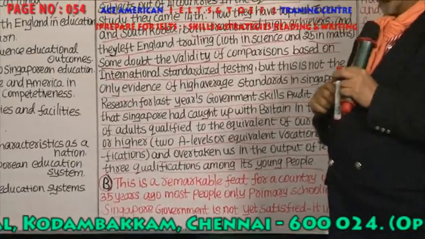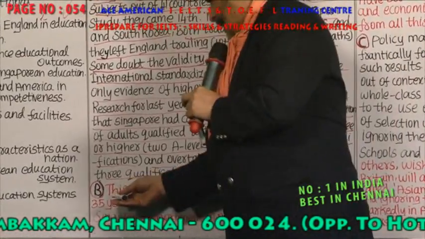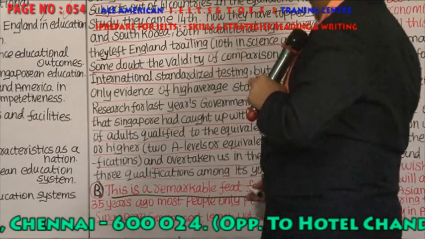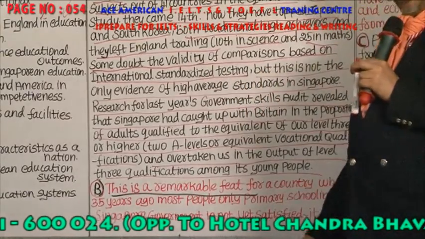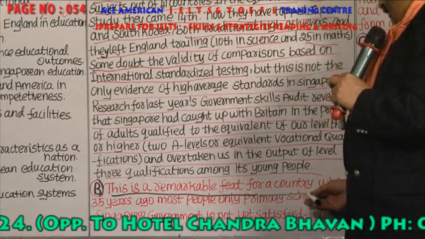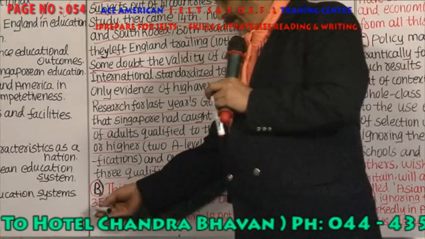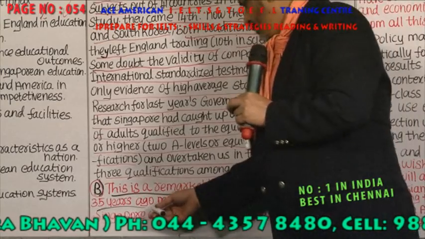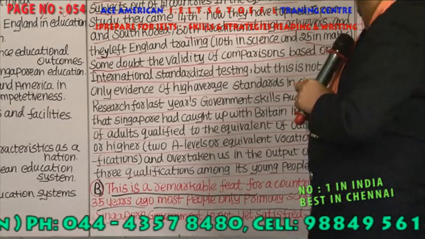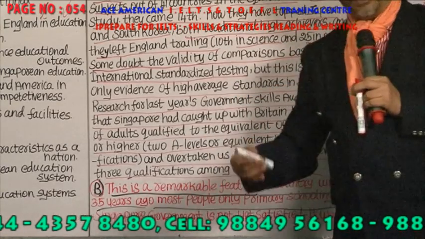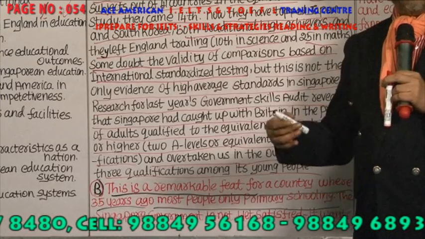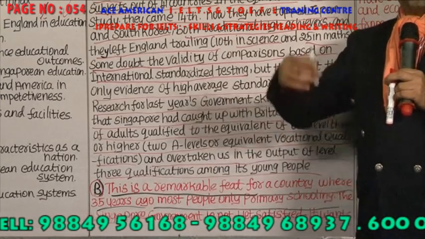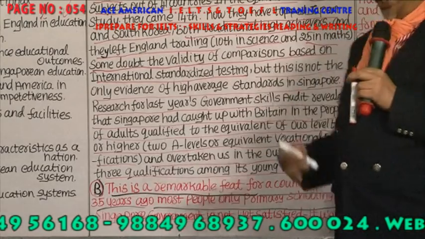B says, this is a remarkable feat. Remarkable feat means a great achievement for a country where, before 35 years ago, how was Singapore? Most people only had primary schooling, the basic education.